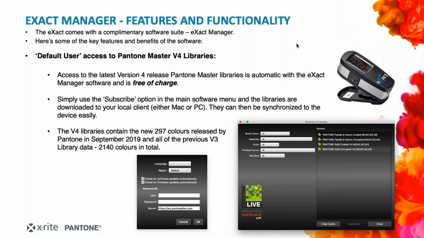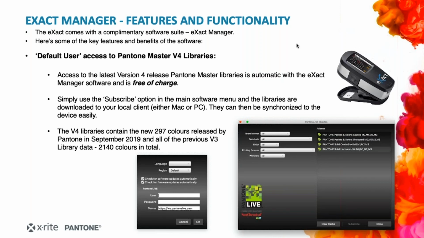Now, some people use it purely as a piece of diagnostic software, and we'll cover that later on. There's lots of extra functionality in the software. A lot of it is very useful, allowing you to configure the device, but also to use the software to, for example, build your own color libraries and access certain things. We're going to go through those in sequence now.